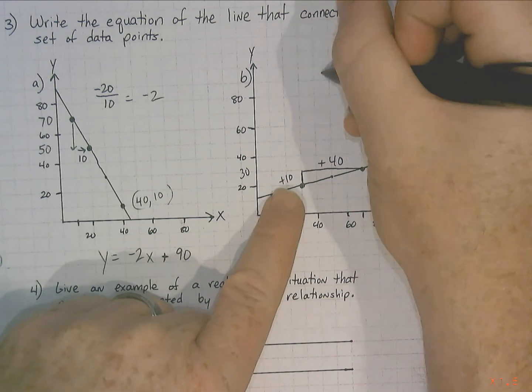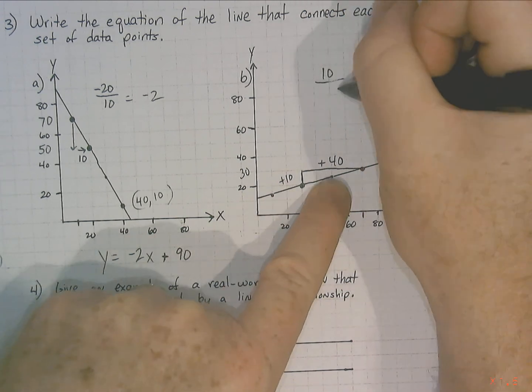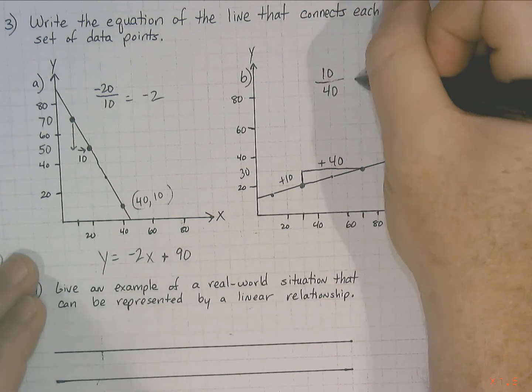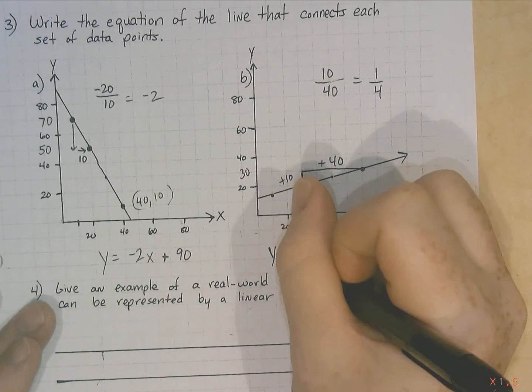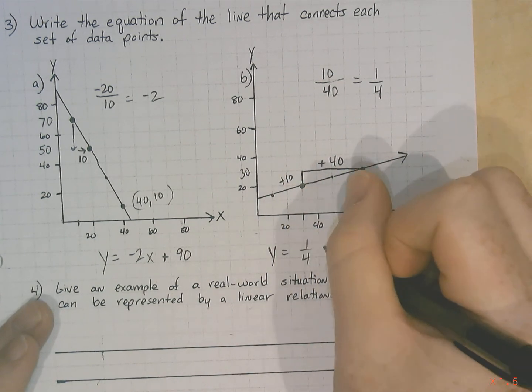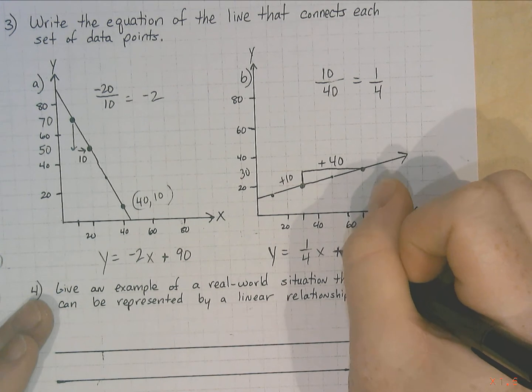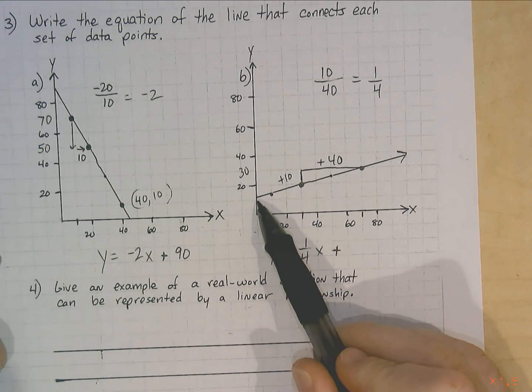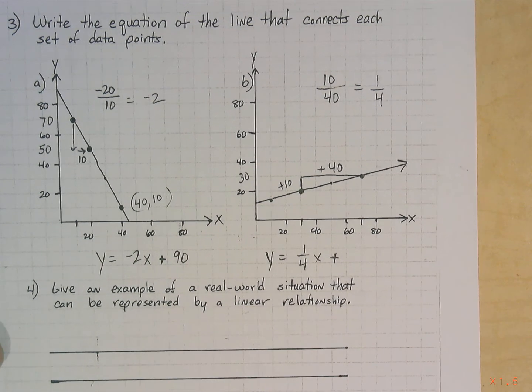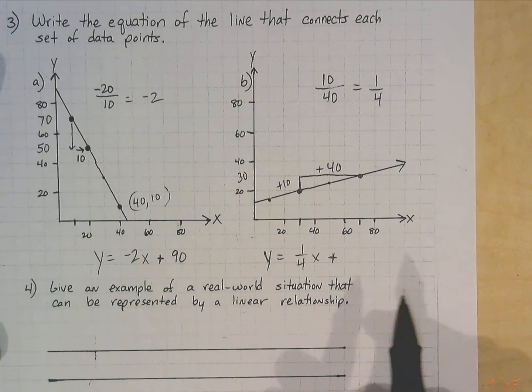So rise over run, in lowest terms, it's 1/4. So the equation is y equals 1/4 x plus, and again, not sure, because it's slightly above 10. It's not 10. You could guess maybe 10, but we want this to be accurate.